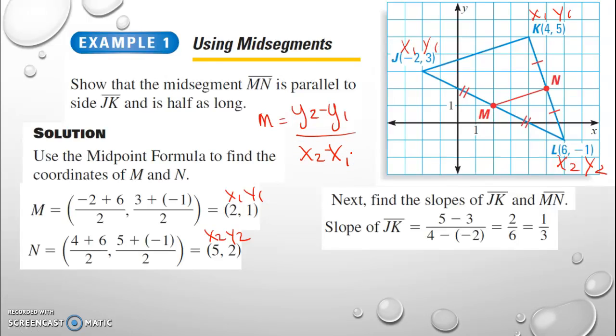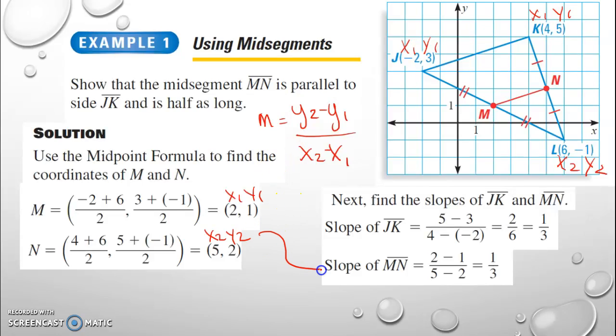Then we do the same thing again, but that was for MN. So these points were for this one right here. For JK, we would have used these points up here. And again, just the same process, plugging into the slope formula to find the slope. We see here that the slopes are the same, so these lines are in fact parallel. So that's one of the properties we're going to talk about: a mid-segment is parallel to its base.